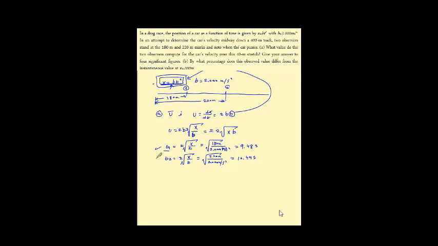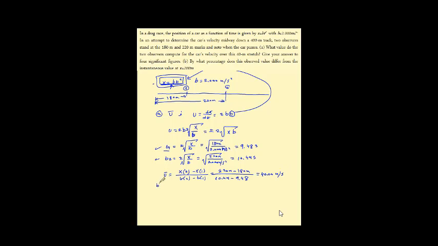So we have t1 and we have t2, and to find the average velocity, it is x2 minus x1 over t2 minus t1. So this is 220 meters minus 180 meters over 10.49 minus 9.48, and this is equal to 40.00 meters per second.